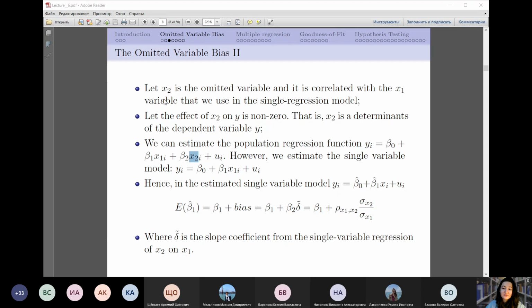Maybe when x1 and x2 are uncorrelated? Yeah, so the second case, when the sample covariance between x1 and x2 equals 0, so x1 and x2 will be uncorrelated. You're right. So please read the first point here.